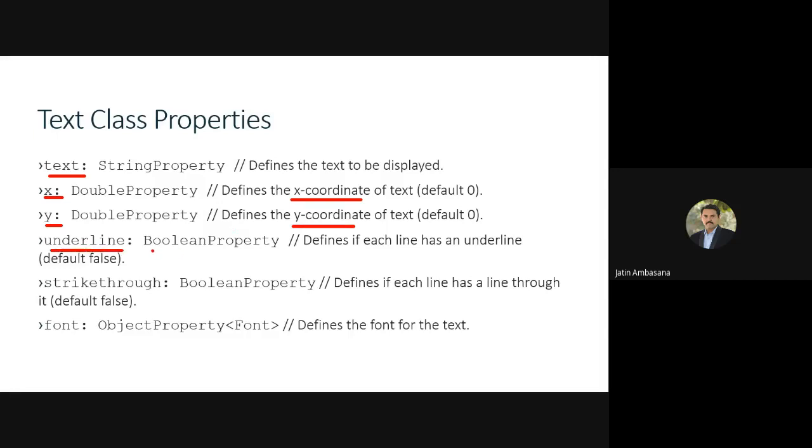Underline, which is a Boolean property, can be true or false. Default is false. It defines if each line has an underline. Strikethrough, a Boolean property, defines if each line has a strikethrough. And also there is a font property, an object property, which defines the font for the text.